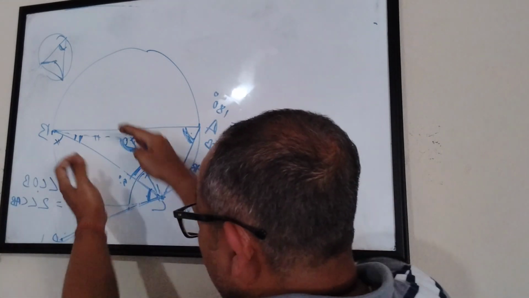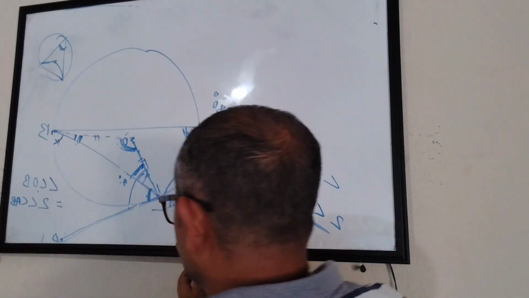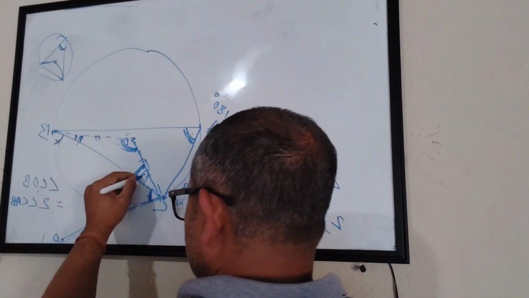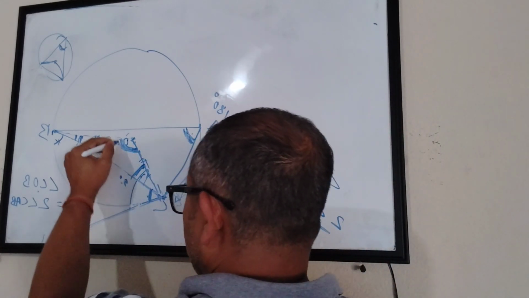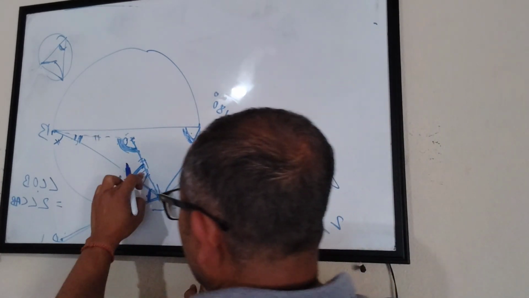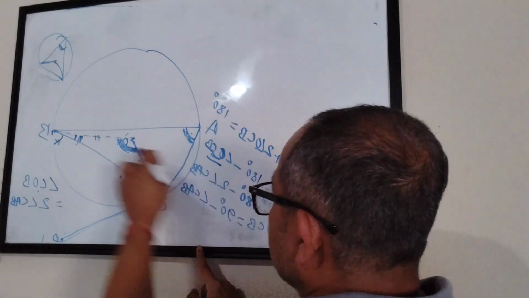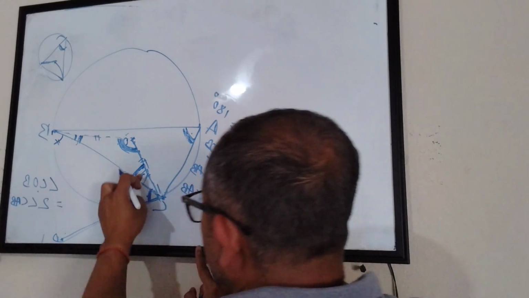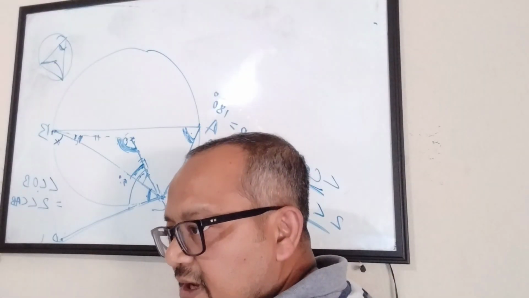So I'm putting the sum of the 3 angles is equal to 180 degrees. Since this and this are the same, angle COB, meaning the angle on the center, plus 2 times one of the angles, this angle, will be equal to 180 degrees. That's the equation.